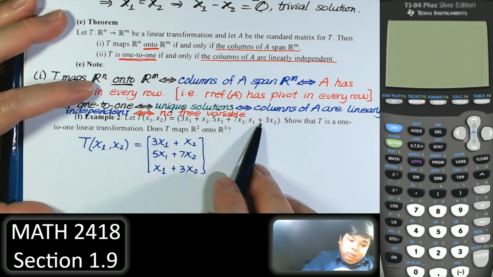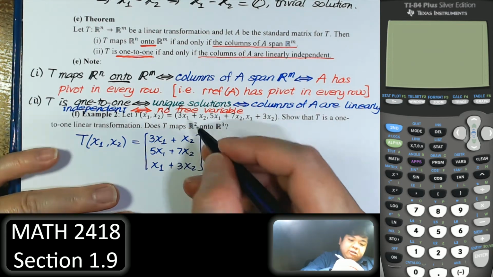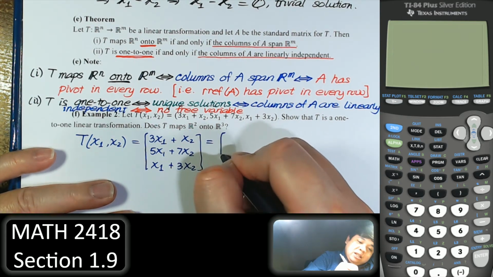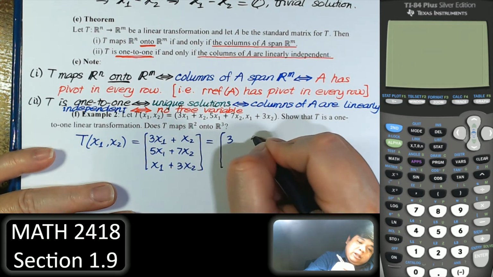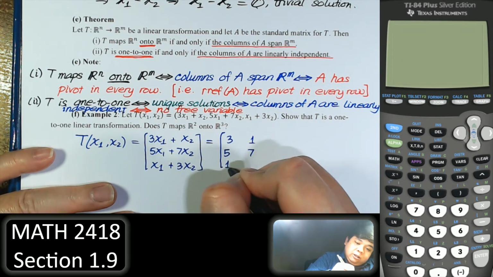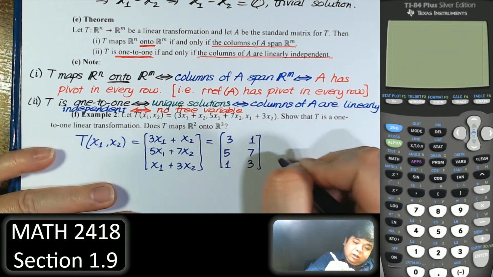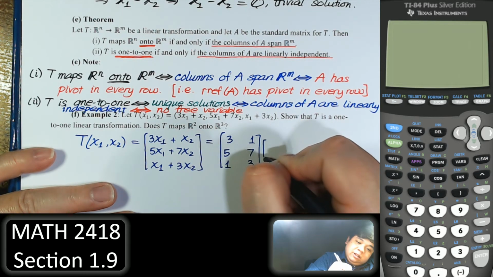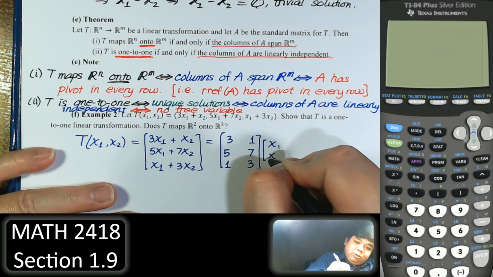Three components, just put that in vector form, and we can split this as a coefficient matrix times the vector x1, x2.